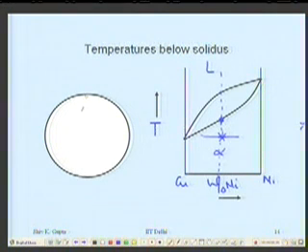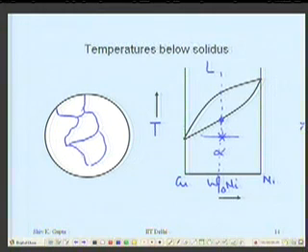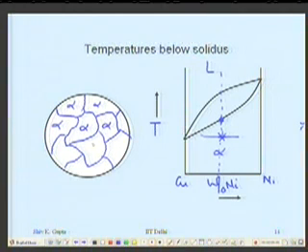Now all the particles which had formed start impinging on each other after a while, and I form a polycrystalline solid like this. Usually we get polycrystalline solid. Each one is a grain of alpha phase, and we have the grain boundaries in between. That is what happened now below solidus.